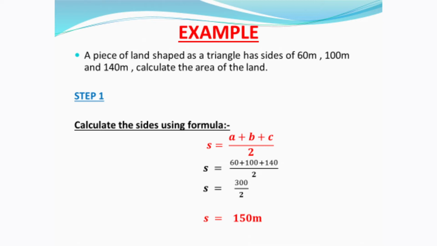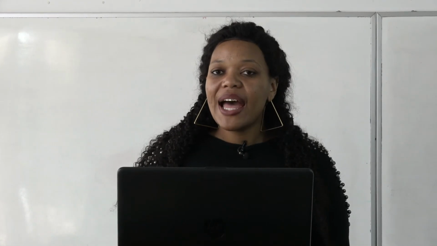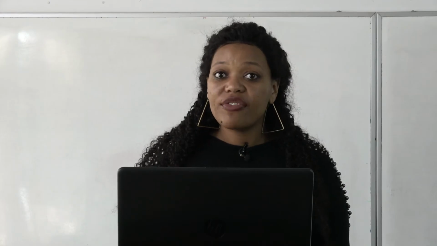Okay, now we can use our formula for calculating the triangle knowing all three sides, because we now have the value of S. So we need to substitute in that formula.